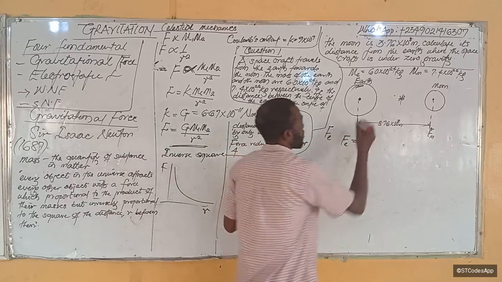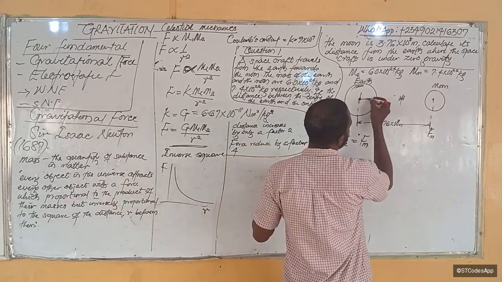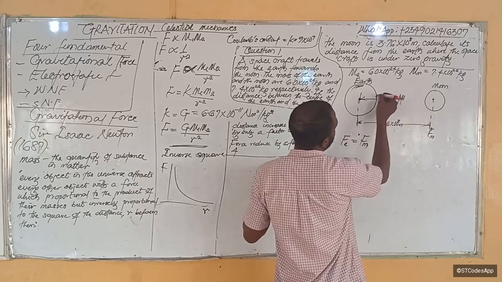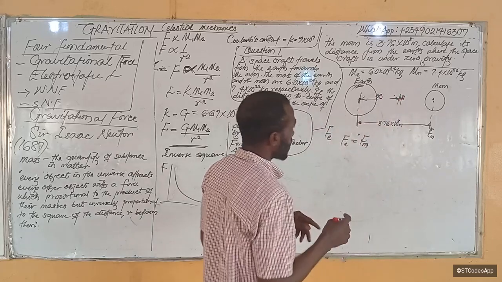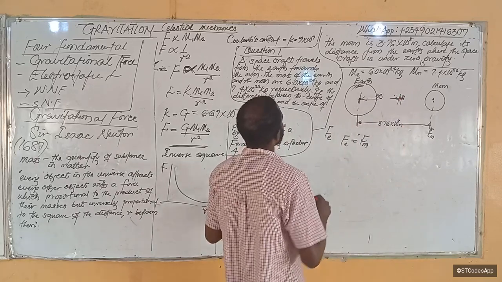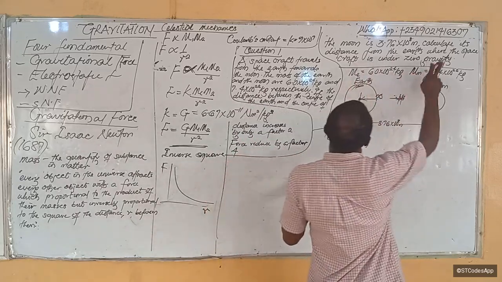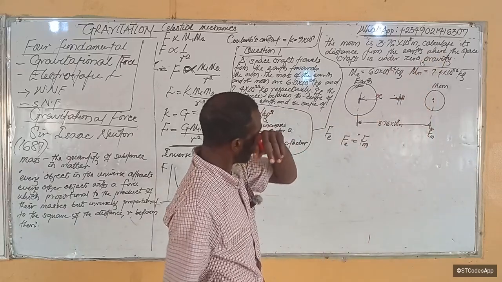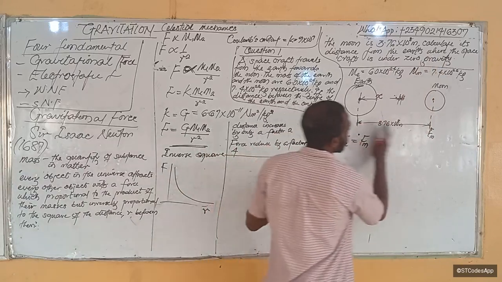I hope that makes sense. Let's call the distance from here to here x, because we have to find that distance. Calculate its distance from the Earth, so let's call it x. That's what we're looking for. But we are already given the total distance.